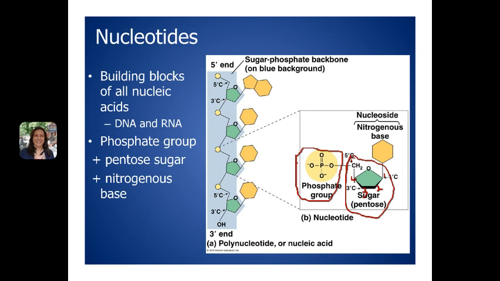The carbons in the sugar are always numbered with that little prime symbol. And then finally there is a nitrogenous base. It has nitrogen atoms on it, and depending on the base there are different numbers of nitrogen atoms associated with it. We'll take a look at the specific bases in an upcoming slide.